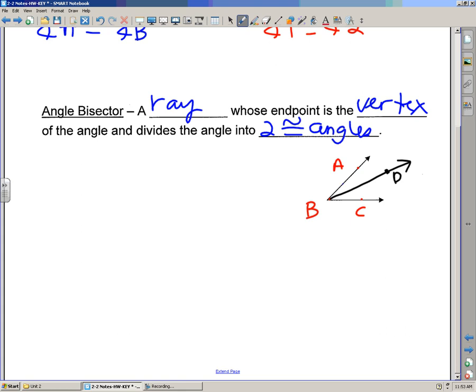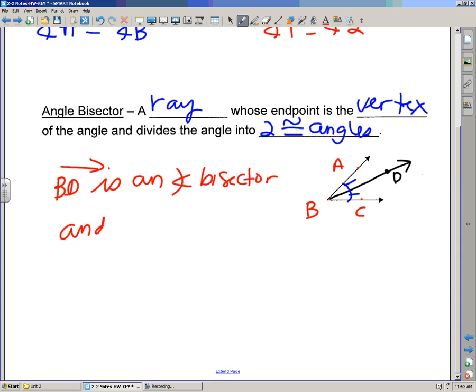And again, you tend to see the markings with like an arc and a slash. If you were to see this, then you would know for sure that ray BD is an angle bisector and angle ABD is congruent to angle CBD.